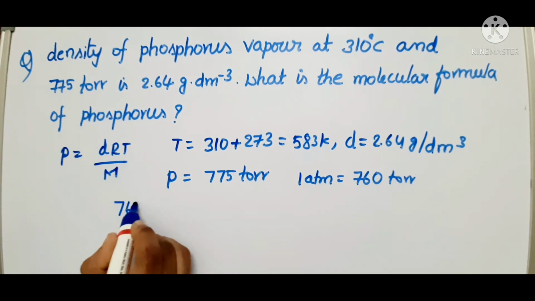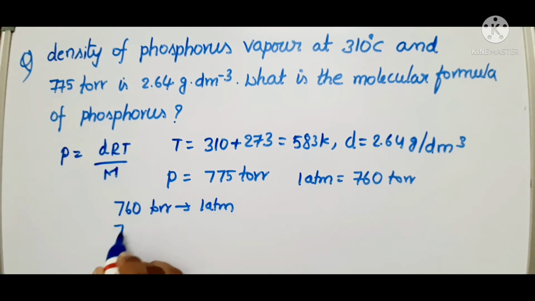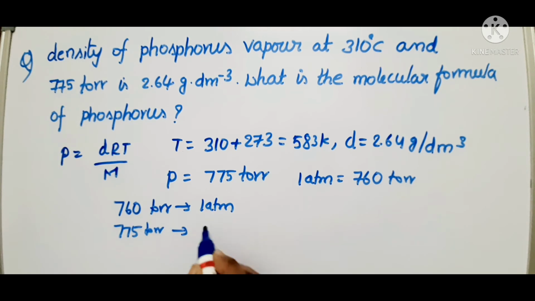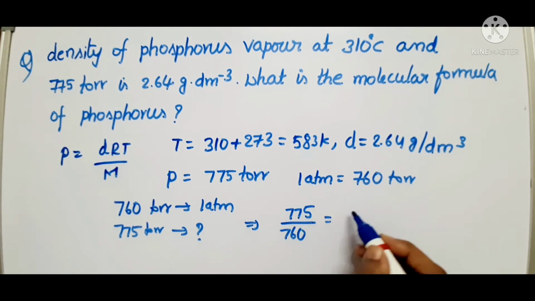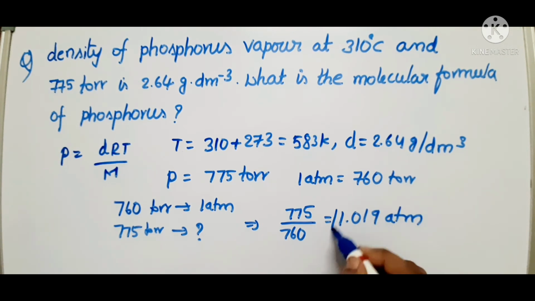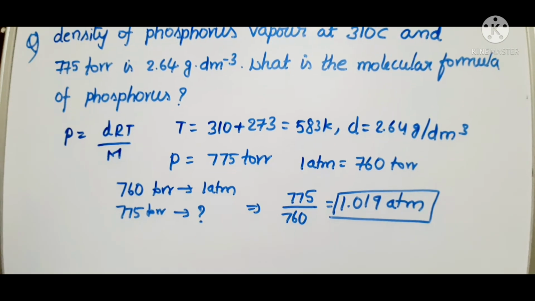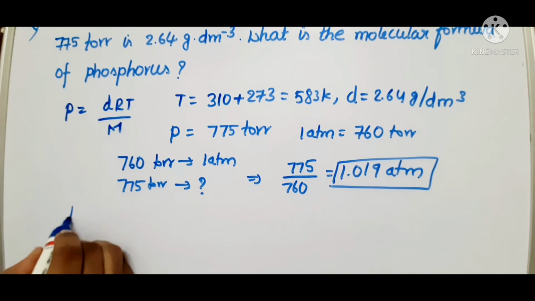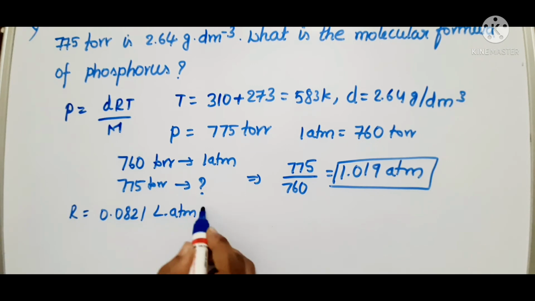If 760 torr equal to 1 atmosphere, then 775 torr is how many atmospheres? Cross multiplying, 775 by 760 equal to 1.019 atmosphere. So this is the pressure you converted into atmospheres. Okay, so the R value is taken in liter atmospheres: R equal to 0.0821 liter atmospheres per Kelvin mole.